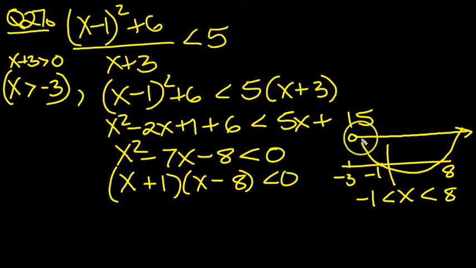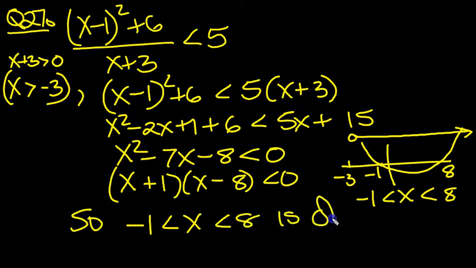And we found that our solution set lies entirely inside the region that we're considering. So this is fine. So minus 1 is less than x is less than 8 is okay. That's that part of the problem done.